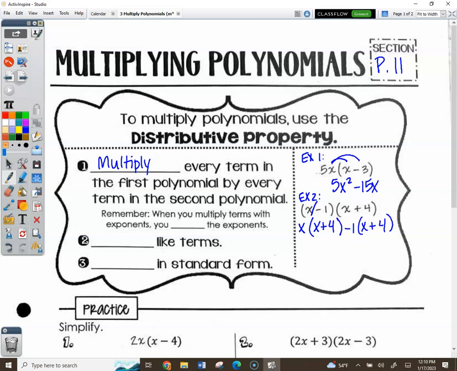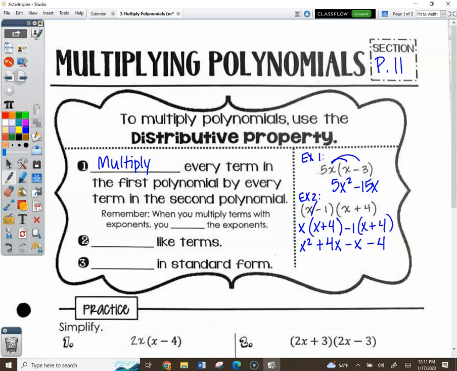So x times x plus 4 would be what? X squared plus 4x. Negative 1 times x plus 4 would be negative x minus 4, right? And then now you combine any terms that might match.